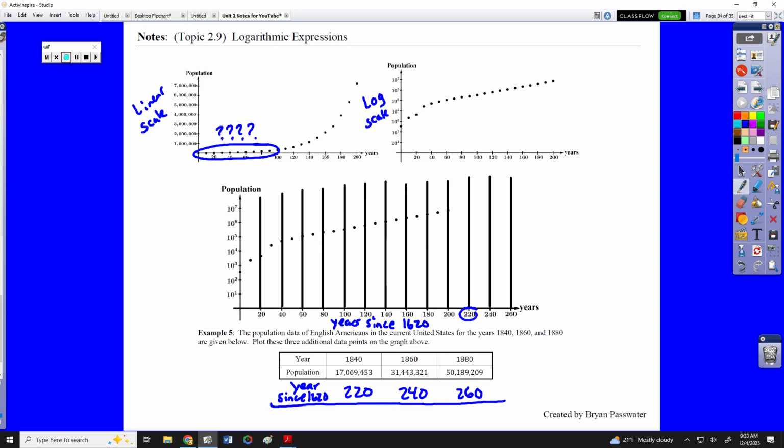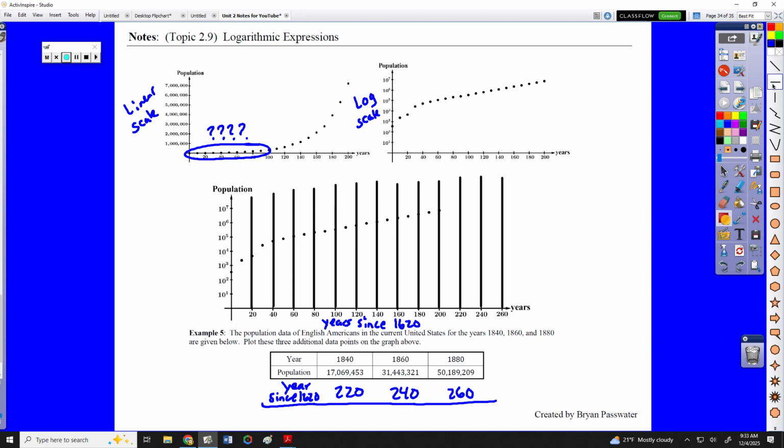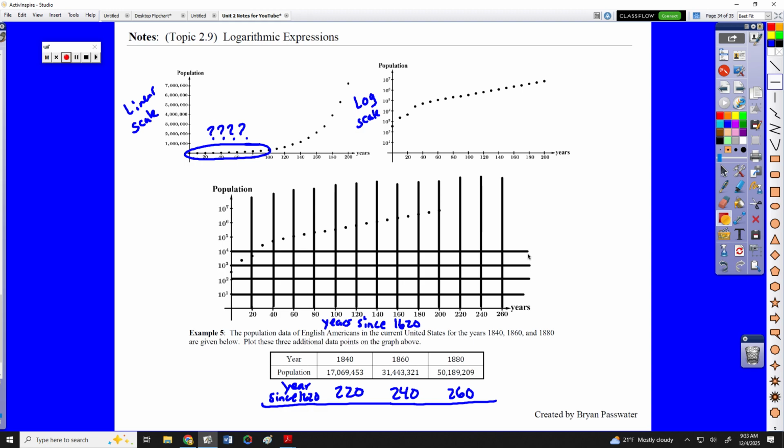So those 3 points are going to be graphed on the 3 lines I just drew. Okay, then we need to be very careful with where we're drawing these because our y's are logarithmically scaled as well. So when we graph these points, we need to make sure we get them in the right spots.